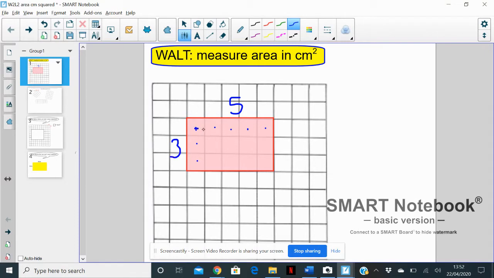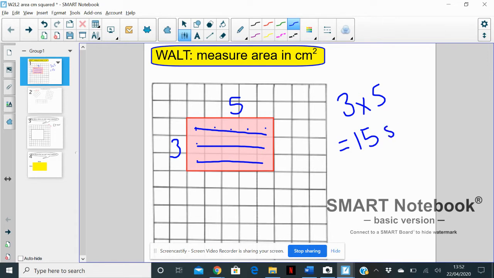That means it's got 3 rows of 5 squares. So I can use my multiplication fact, 3 times 5, to quickly work out that this rectangle has an area of 15 squares.